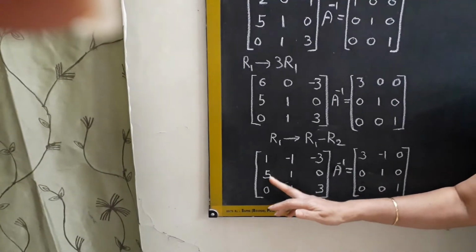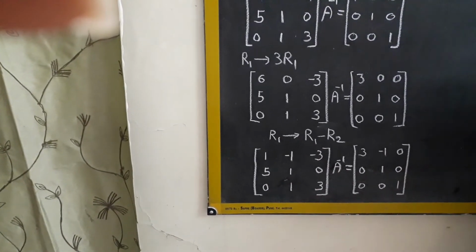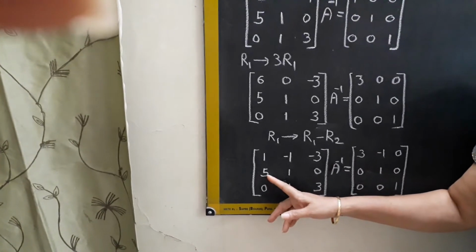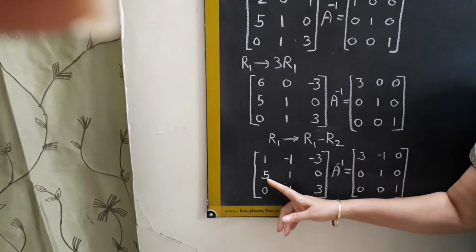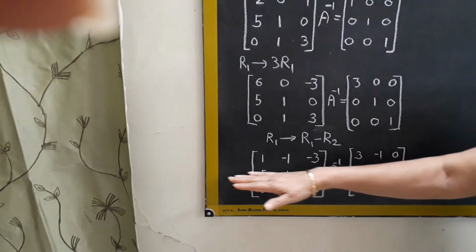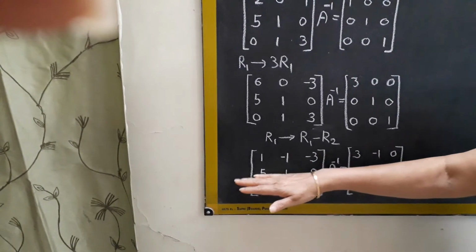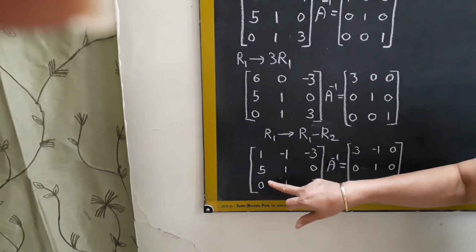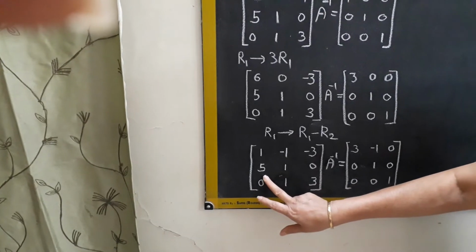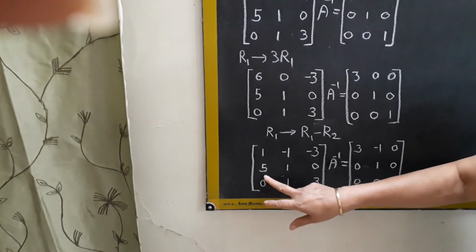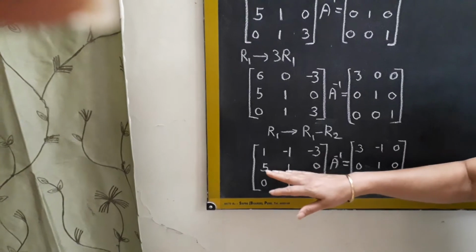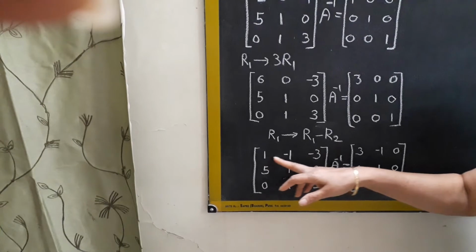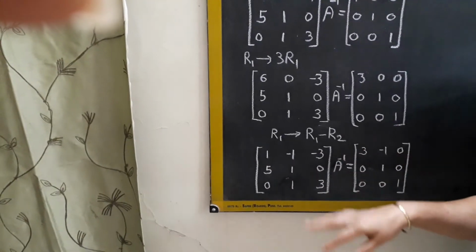Now we are going to complete the whole column, and for that ready-made 0 is there, but here there is no 0. So now the trick is that in which place we want 0 is R2. So R2 will get changed, and for that what we multiply by is the opposite of this number, that is minus 5, and then since we are completing the first column, we will consider R1 to make the change over.